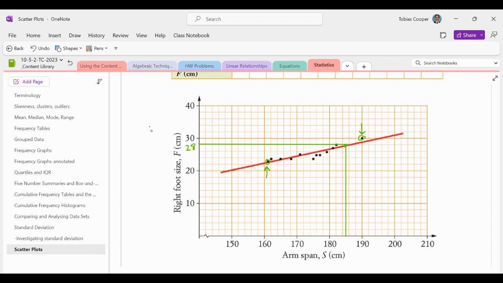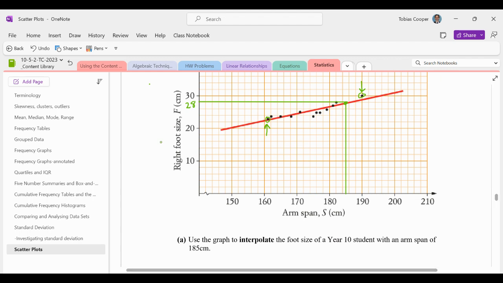So any point on the red line of best fit there that you read, which is between the first and last point, that's called interpolation. Right, so the foot size of a Year 10 student who's 185 centimetres is 28 centimetres.